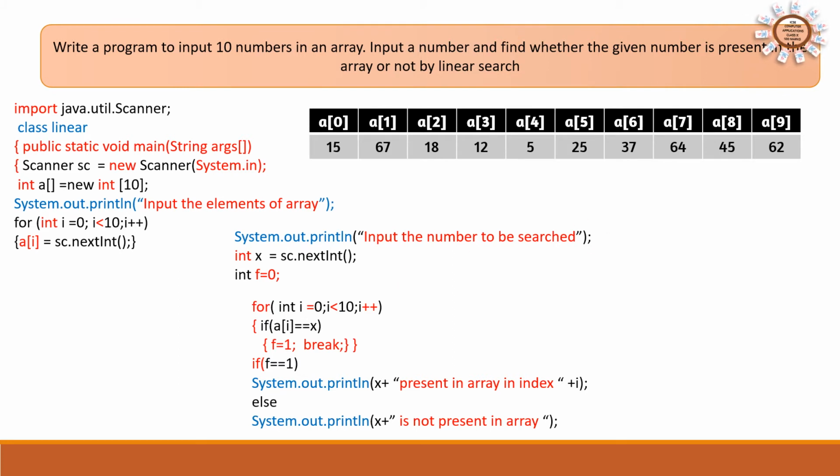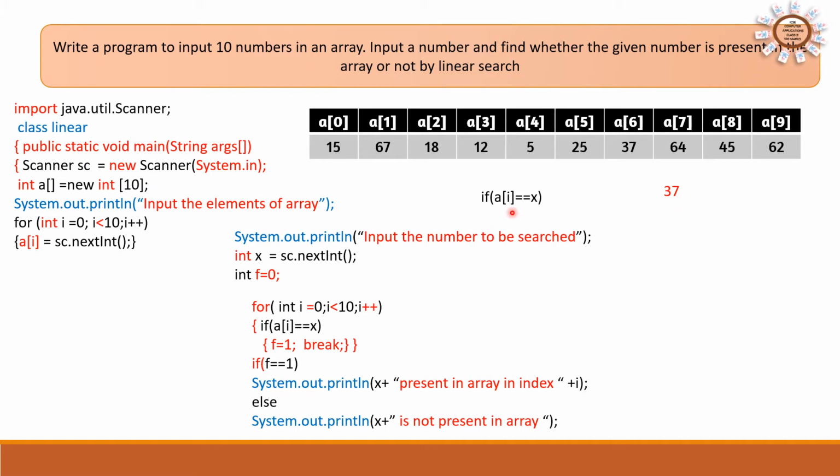And if a[i] == x, here we can see this format we are using. If a[i] == x, f = 1. So suppose the number we are checking is 37.